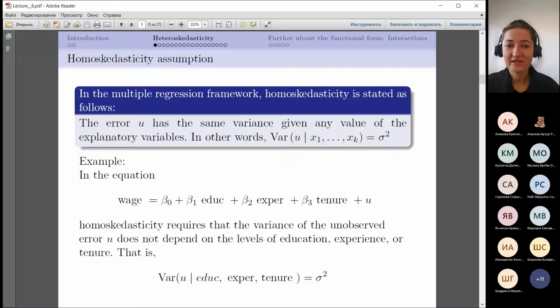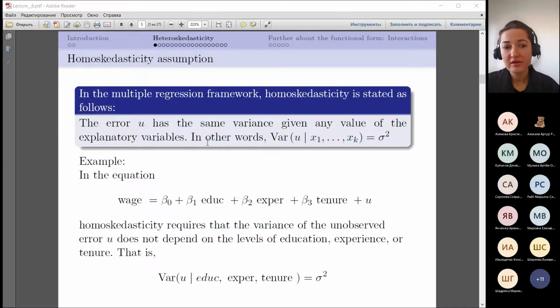First of all, let's start with some general definition of homoscedasticity. I hope that you know this definition from our fourth lecture, where we discussed the Gauss-Markov assumptions and the Gauss-Markov theorem, but anyway, let's recall it. The Gauss-Markov conditions listed in the previous slide state that the variance of the disturbance term in each observation should be constant.